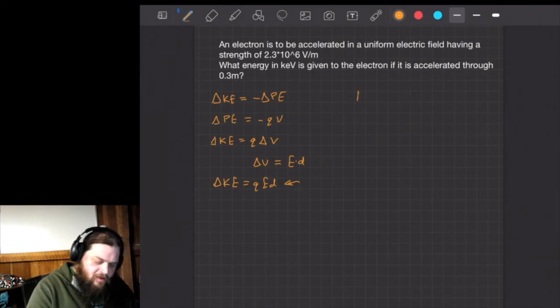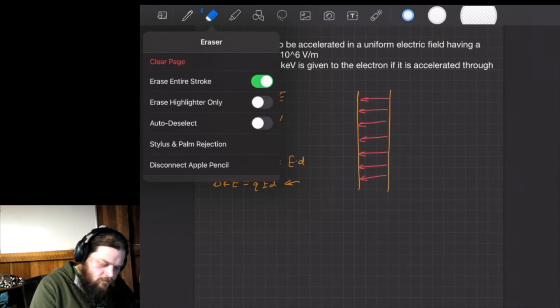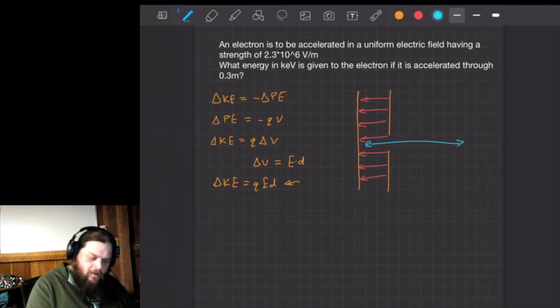So just like I drew before, we have an electric field going between two parallel plates, and we want to accelerate an electron through here. So accelerating this electron flying out this way, based on the magnitude of the electric field.